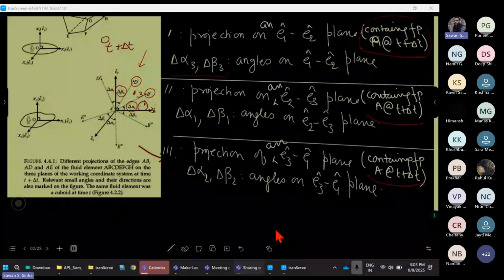Delta alpha 3 is the angle that AB prime is making with E1 direction. And delta beta 3 is the angle that AD prime is making with E2 direction.